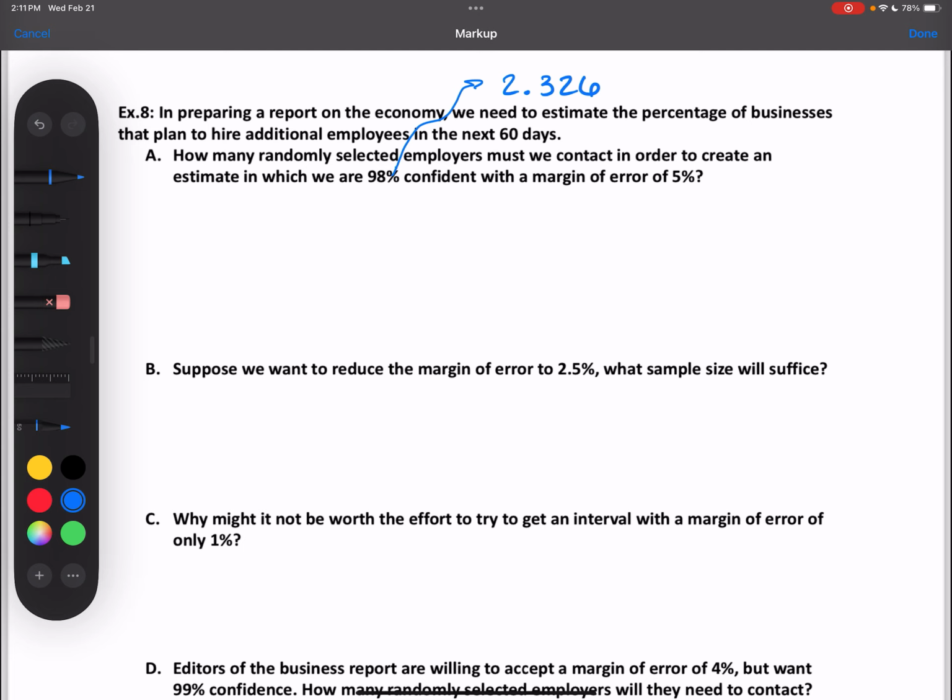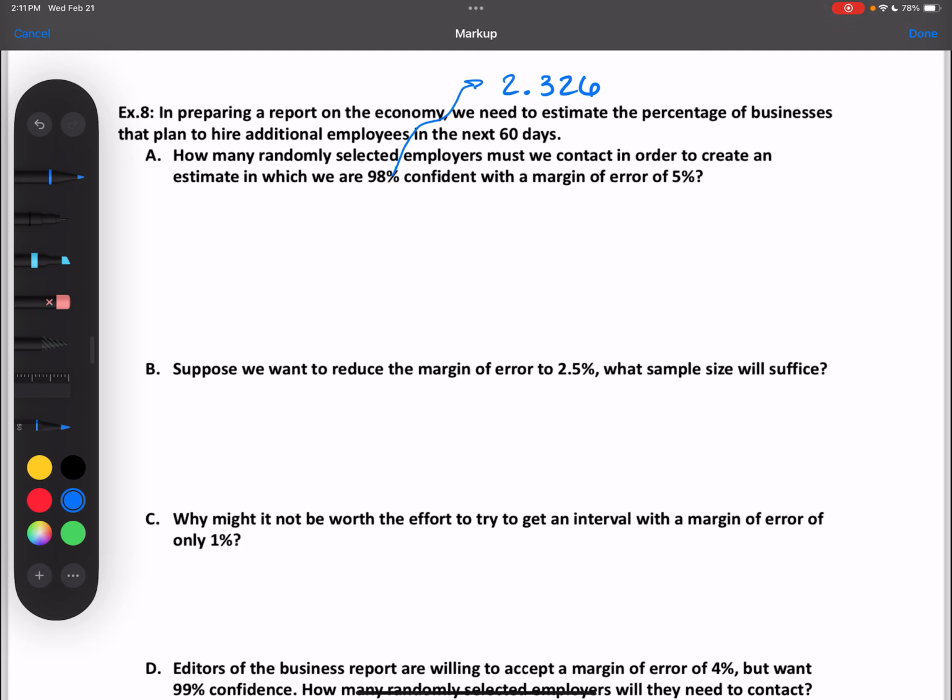In preparing a report on the economy, we need to estimate the percentage of businesses that plan to hire additional employees in the next 60 days. How many randomly selected employers must be contacted in order to create an estimate in which we are 98% confident with a margin of error of 5%? So this is going to be finding the sample size, like I gave you the formula for on the board.